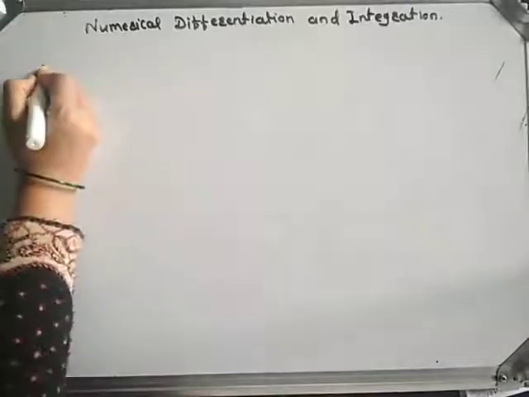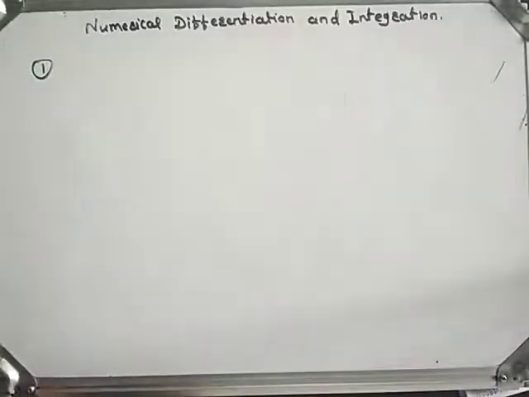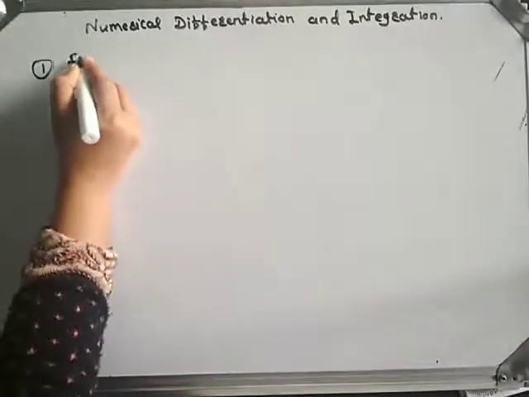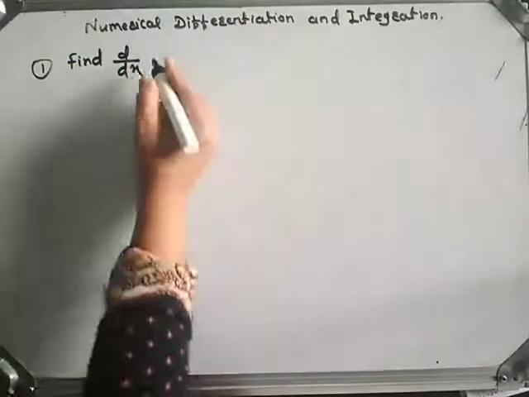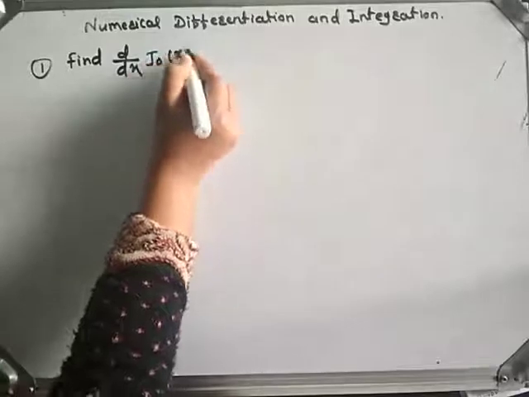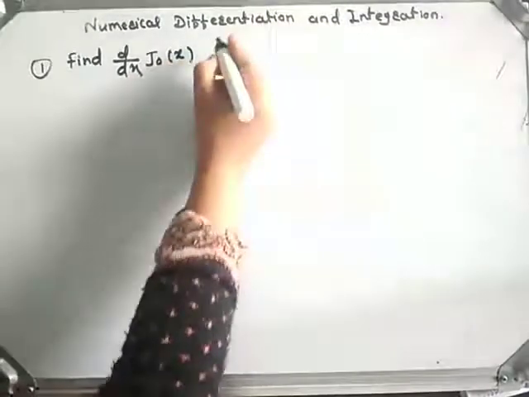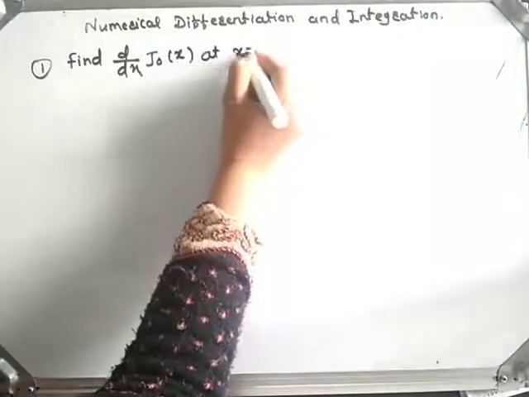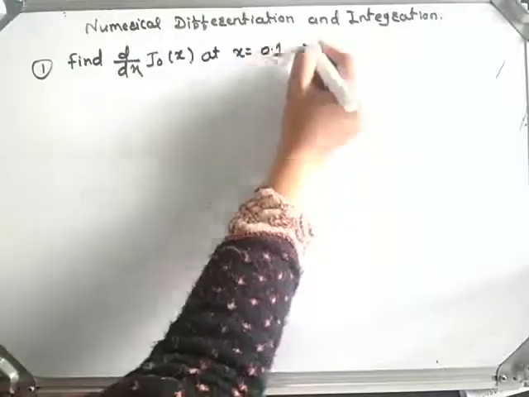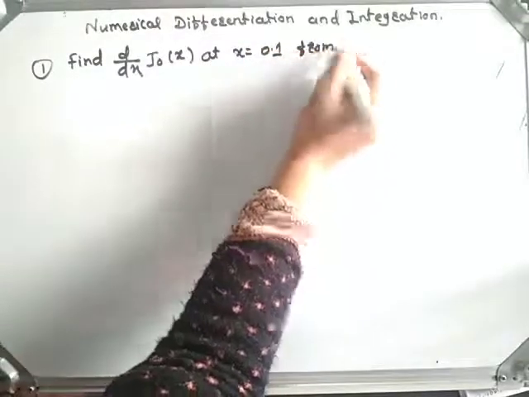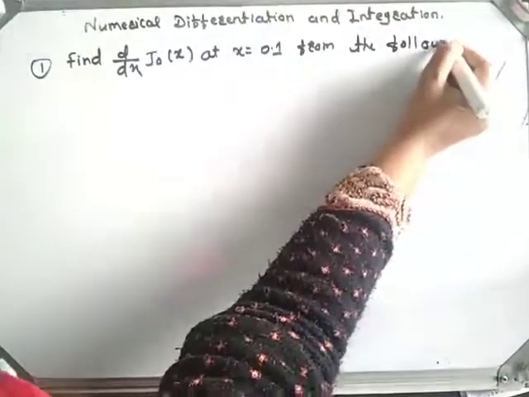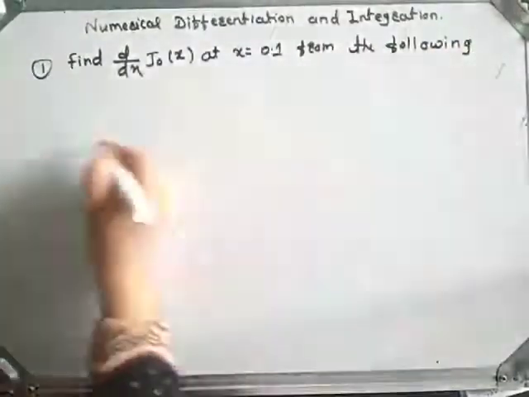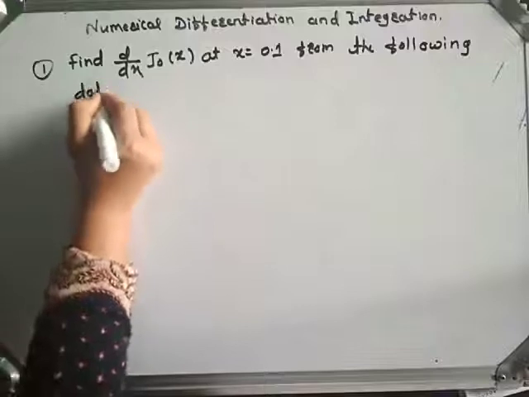The first example is: find d by dx of J0 of x at x equals 0.1 from the following data.